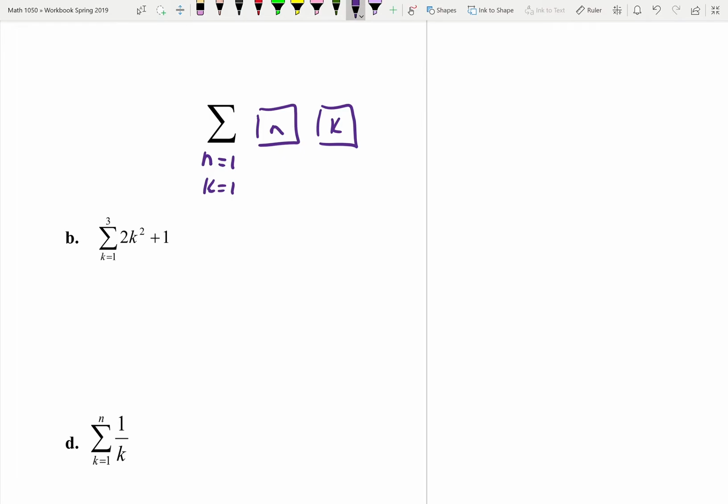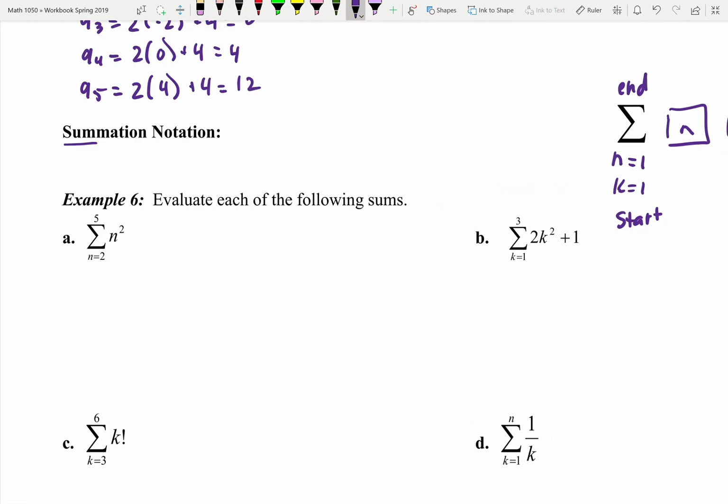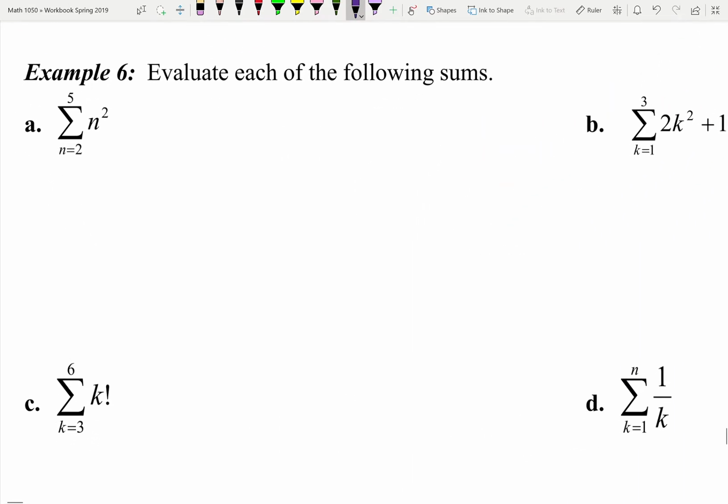Basically, here's what it is. The bottom is where you start. The top is where you end. And the center is the formula. Okay? Let's do this. Evaluate the following sums. They're saying let n be 2, then let n be 3, then let n be 4, then let n be 5 and stop, and then add them together.